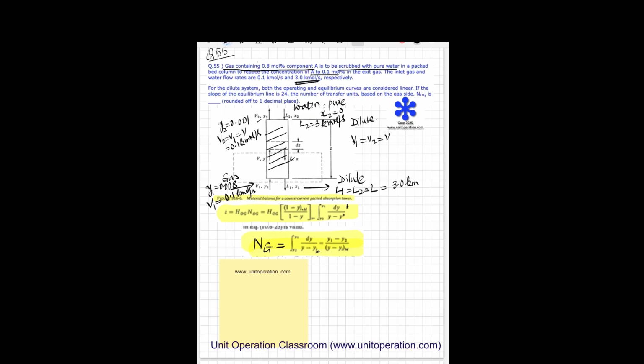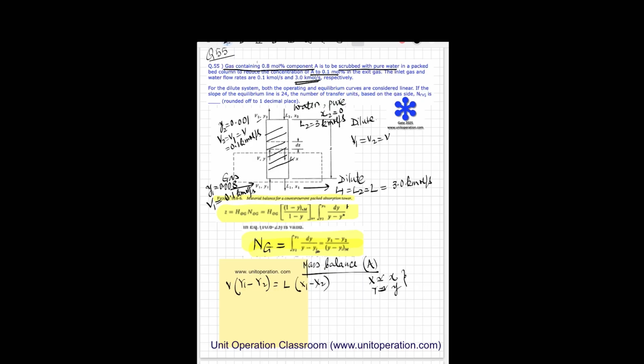Right. So the very first thing we can do is a mass balance or component balance for A, and therefore we can say that V times Y1 minus Y2 is equal to L times X1 minus X2. We know capital X is almost equal to small x and capital Y is almost equal to small y for dilute solutions.